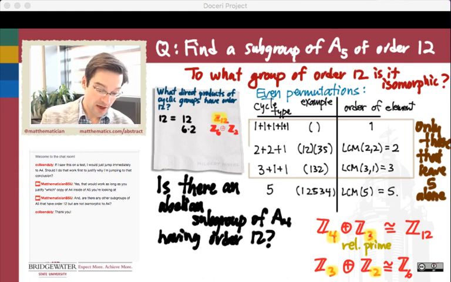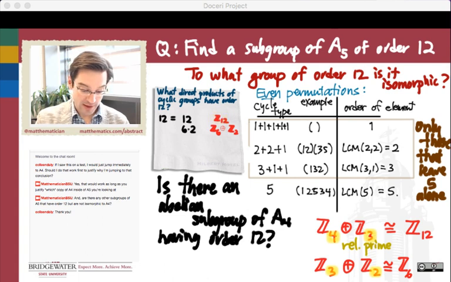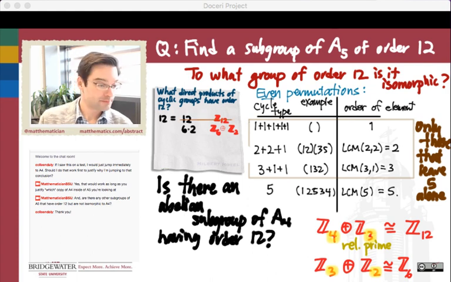And evidently, looking at our list, that answer is no. Every element of A5 is going to have either order 1, order 2, order 3, or order 5. I guess there's one. No, we decided there was no 3 plus 2 cycles, because that would be an odd permutation. So that's the best we can do. So there are no elements of order 12 in A5, and therefore we can rule out the possibility that A5 has a subgroup isomorphic to Z12.